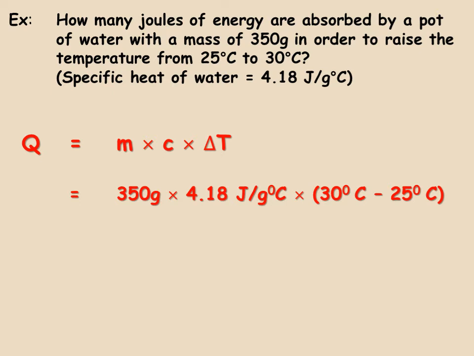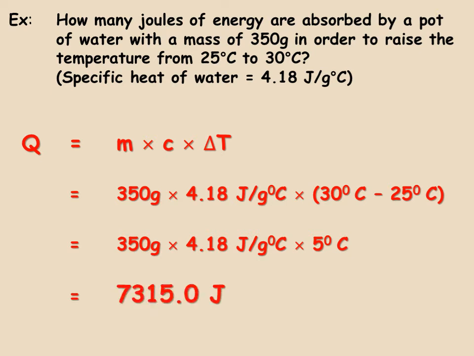And what is the temperature difference or change in temperature? Right, final temperature is 30 and initial temperature is 25. So when you see the difference and then substitute all these values in the formula, you will get 7315.0 joules.